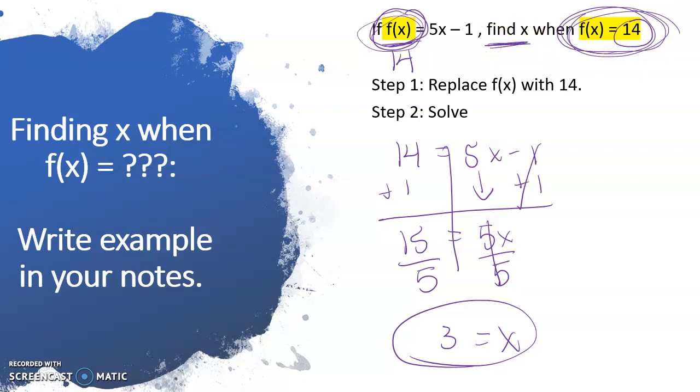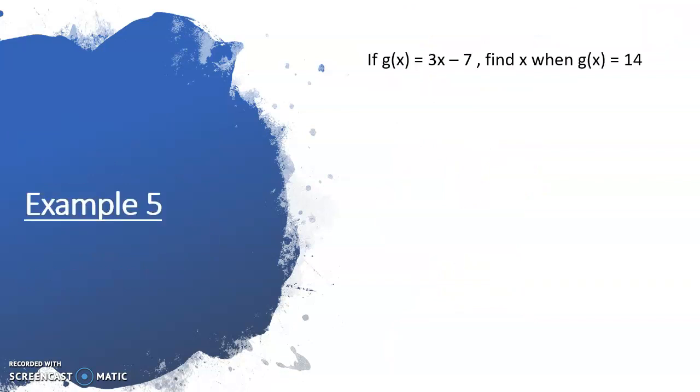Okay? Should have time to do one more for you. So if g of x equals 3x minus 7, find x when g of x is 14. So it's telling me my entire g of x now is 14. So I'm going to replace it and solve. 14 equals 3x minus 7. Draw my line.